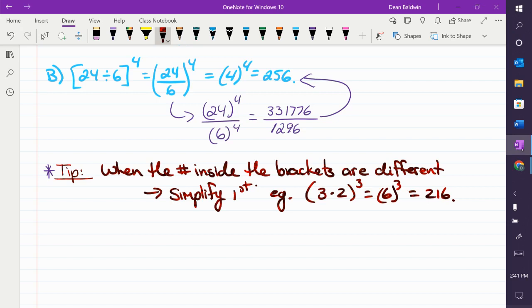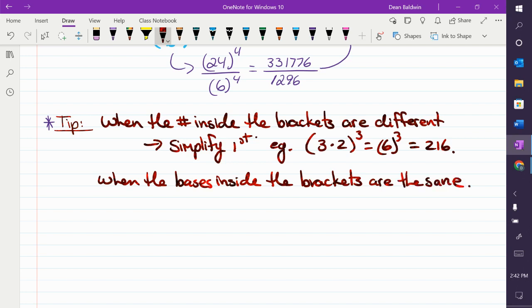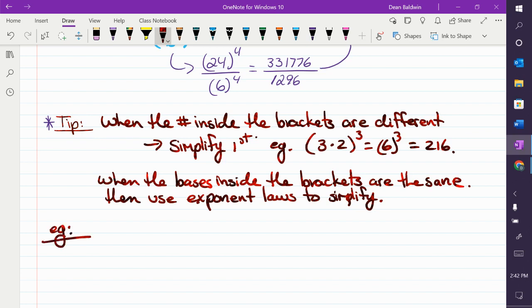But when the bases inside the brackets are the same or equal, then use exponent laws to simplify. So we'll do an example of that.